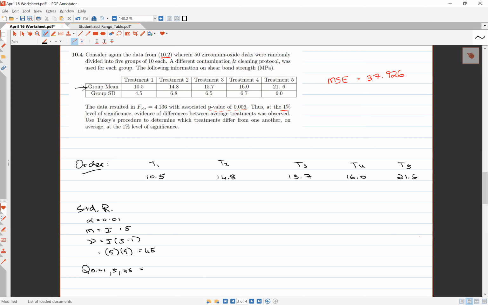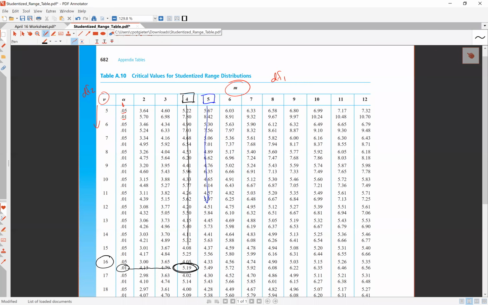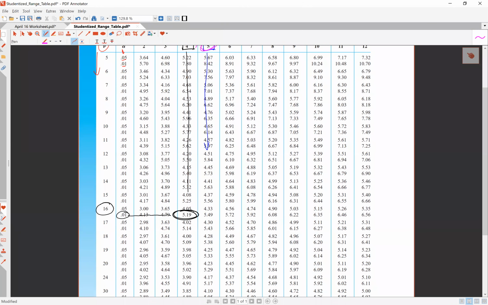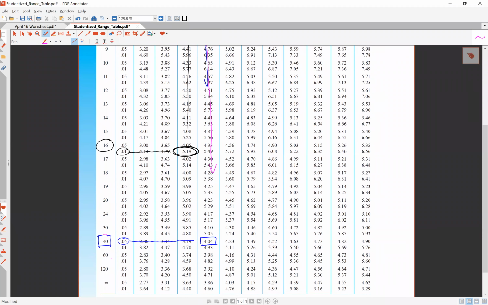So here we flip over to our table. Great, 5 degrees of freedom, and so we know we're using this column. Oh, oops, no 45 here. But let's just see what's going on. The two adjacent values we can evaluate at 1% are 4.93 and 4.82.